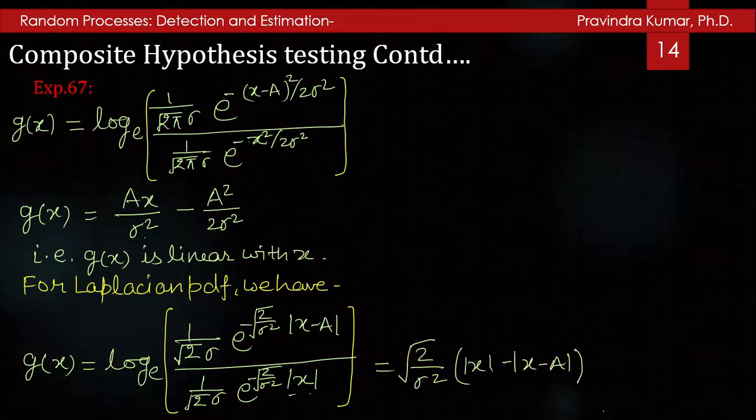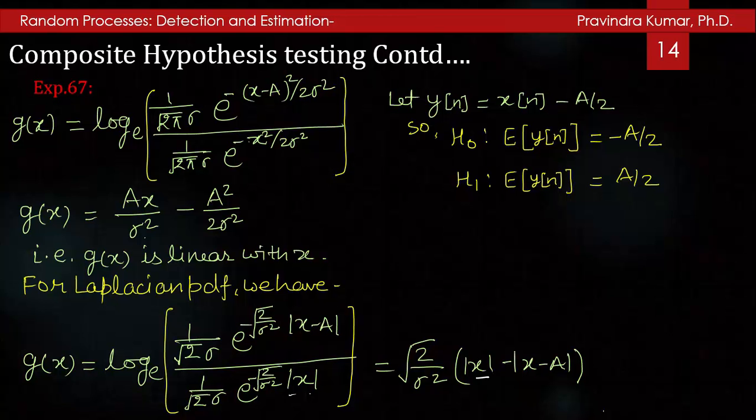So from here I can write it as under root 2 by sigma square times mod x minus A. Let y[n] be equal to x[n] minus A by 2. So under hypothesis H0 the expected value of y[n] will be minus A by 2, and under hypothesis H1 the expected value of y[n] will be A by 2.